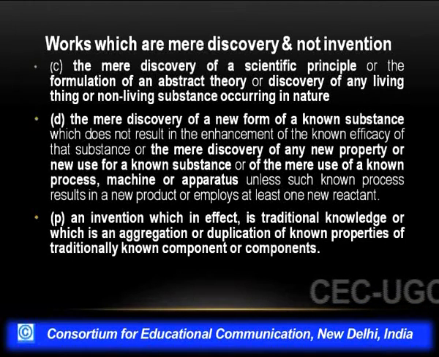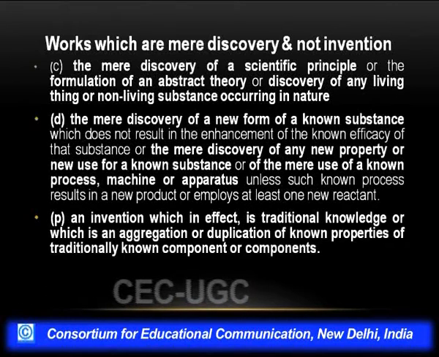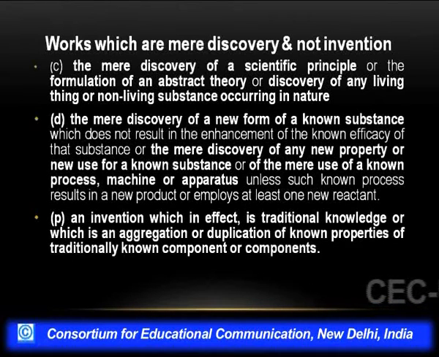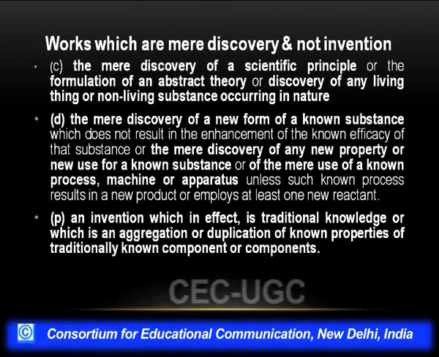That is called traditional knowledge. So an invention which in effect is traditional knowledge is excluded by the purview of section 3 under section 3P, as it is a mere discovery and not an invention, so it cannot be given patent protection.